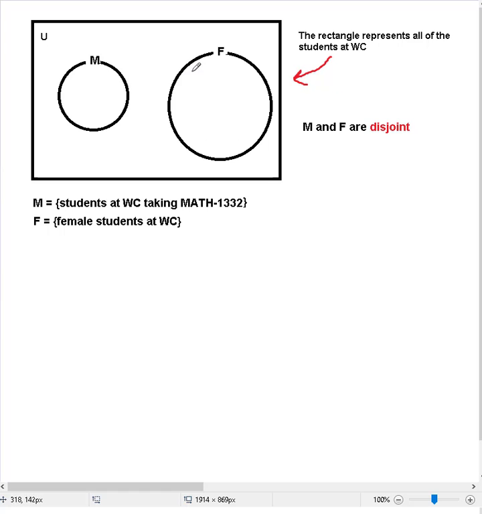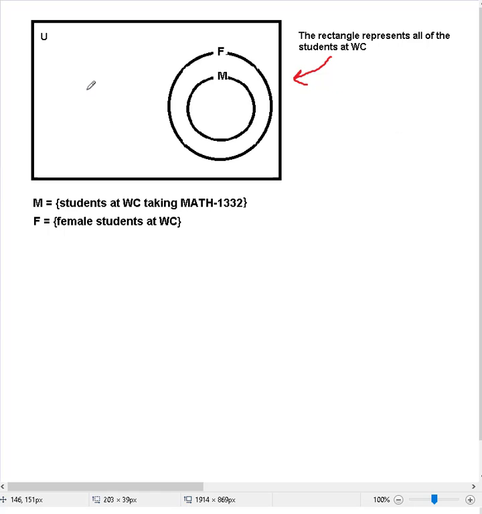Well, if this circle represents all female students at Weatherford College, that means this group out here is only made up of male students who aren't taking Math 1332, because if they were taking Math 1332, they'd be inside this circle. Stop and think about that for just a minute.